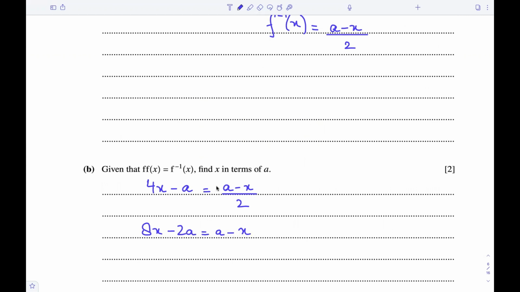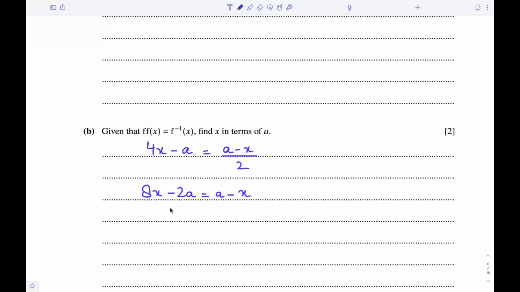As we have to find x in terms of a, we have to make x the subject. So we can make it as 8x plus x is equal to a plus 2a, which is 3a. So 9x is equal to 3a, and x is equal to 3a upon 9, which will become a/3.